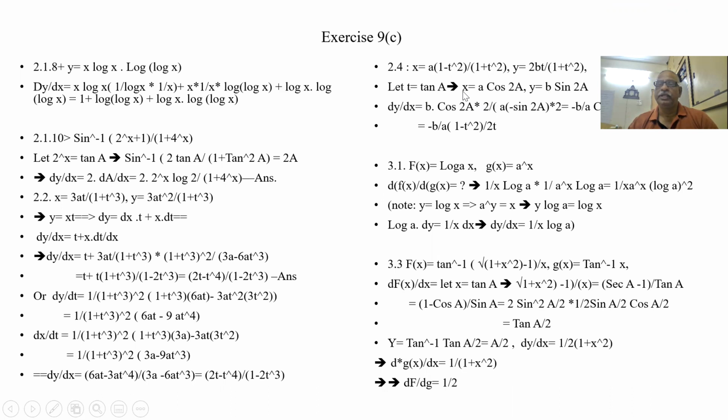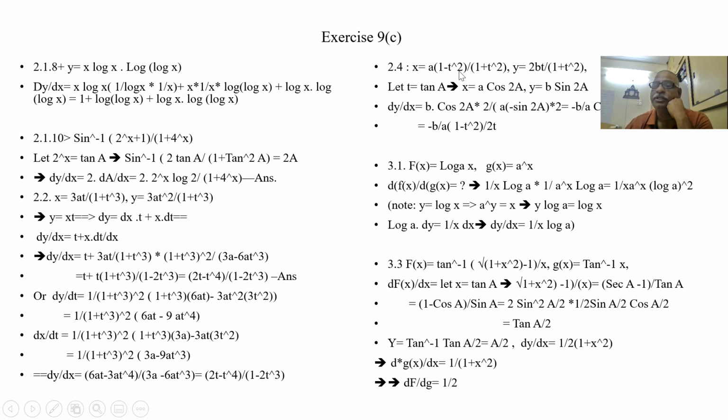So dy by dx is equal to b cos 2a into 2 by a into minus sin 2a into 2. So this is minus b by a into cot 2a. What is cot 2a? Normally 2t by 1 minus t square is tan 2a, but cot 2a is cos 2a by sin 2a.